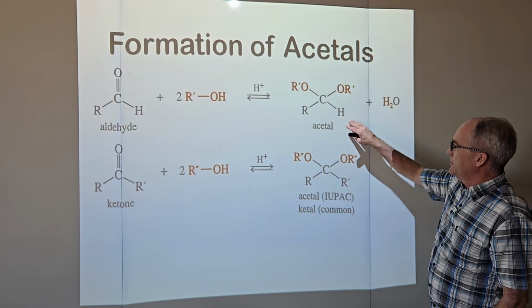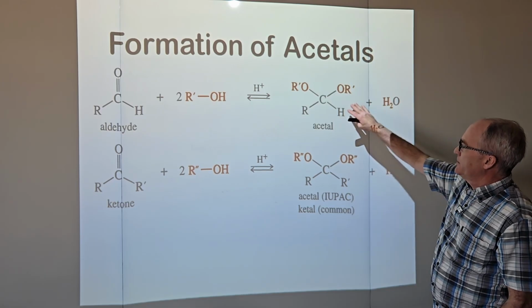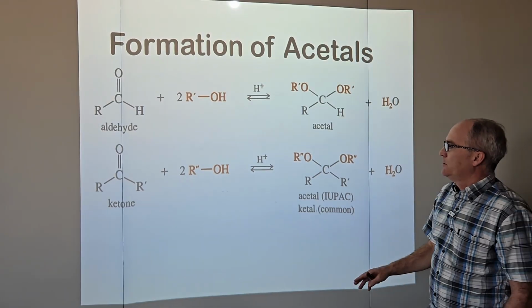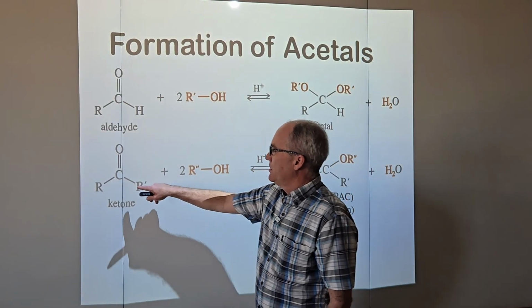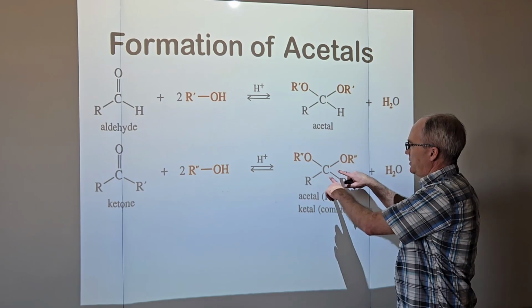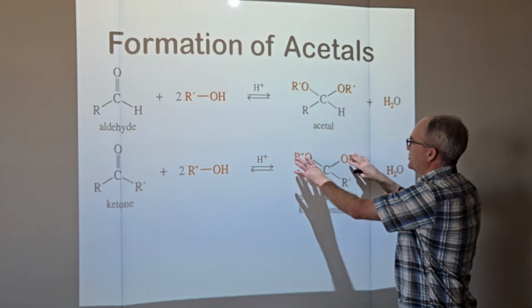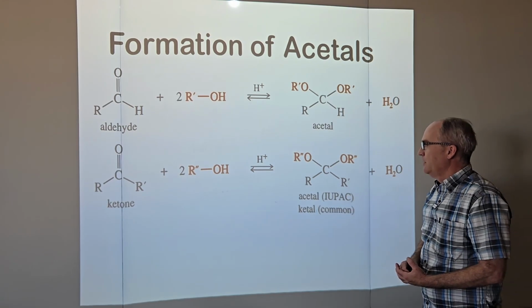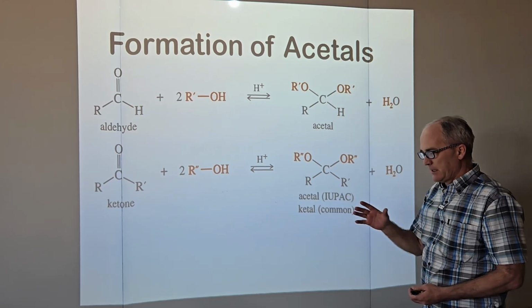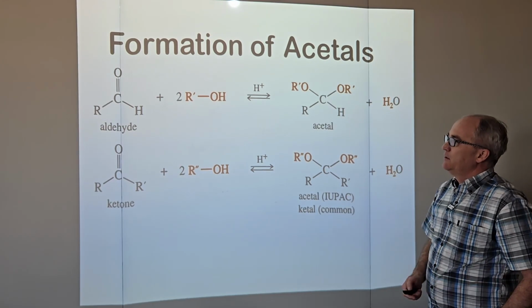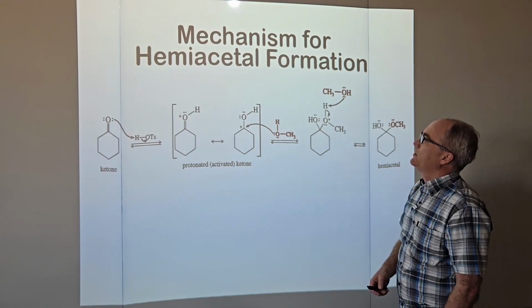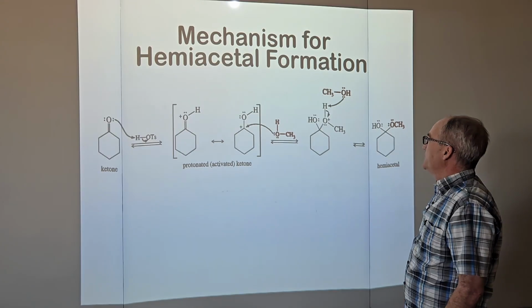We can call this an acetal, we can call this a ketal. The main thing is that you see the carbonyl carbon splitting the oxygen and getting the acetal or the ketal, and it should look just like the hydrate. So if we know the hydrate chemistry, we should know the acetal chemistry.